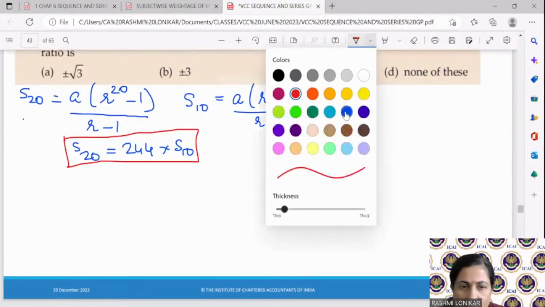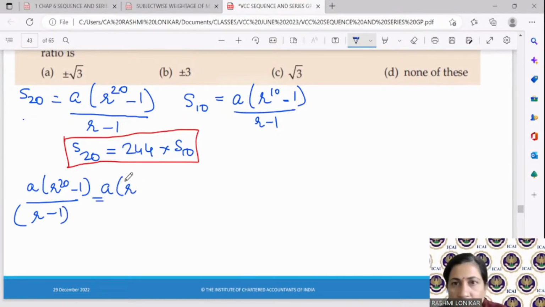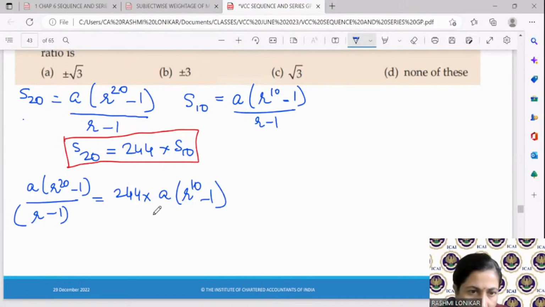So I just have to substitute. A into R raised to 20 minus 1 upon R minus 1 is equal to 244 into A into R raised to 10 minus 1 upon R minus 1.